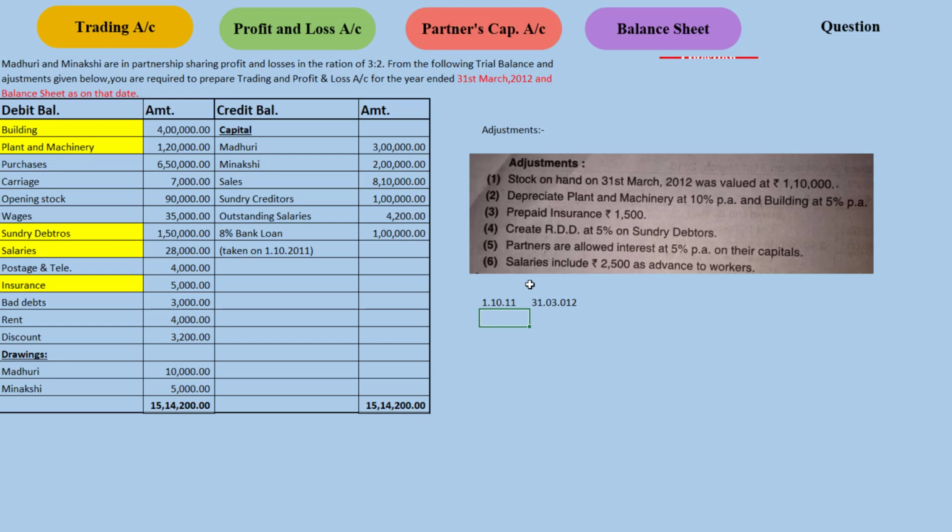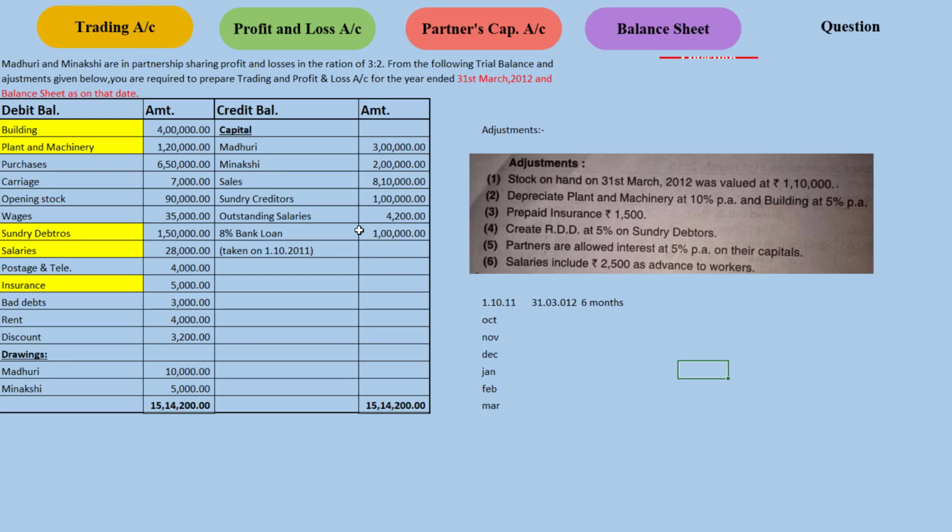See, October, November, December. 2011 is over. Now 2012, January, February, March. You can count these months. These are how many months? These are 6 months. Okay, so we have to count interest for 6 months.